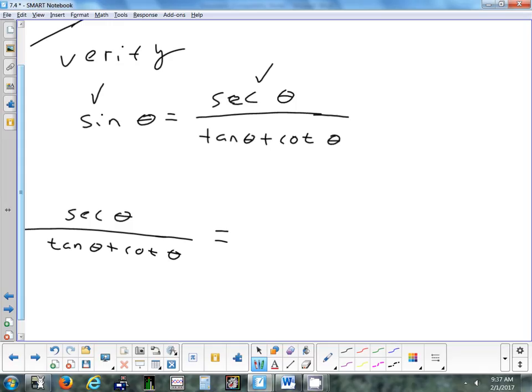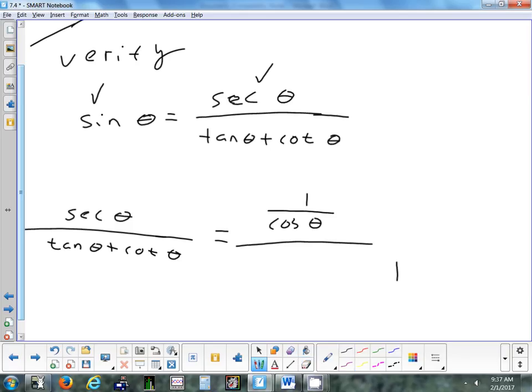Yeah, let's try changing things to sines and cosines, and hopefully we get something that cancels out. So secant is 1 over cosine. Tangent is sine over cosine. Yeah, there's two ways you can do it. You can write it as sine over cosine, or you can write it as 1 over cotangent.